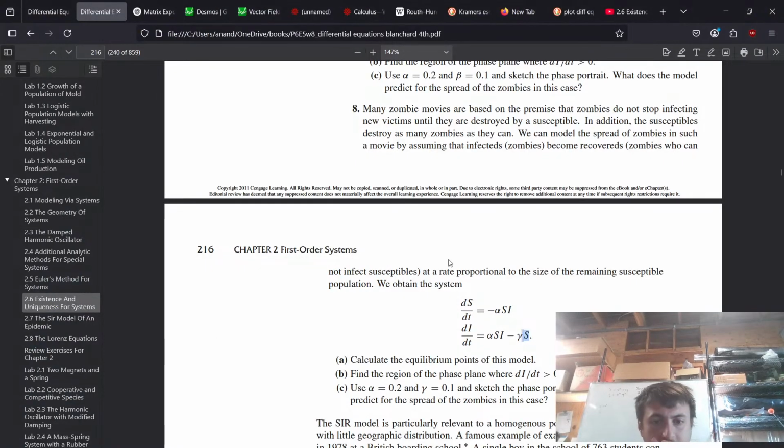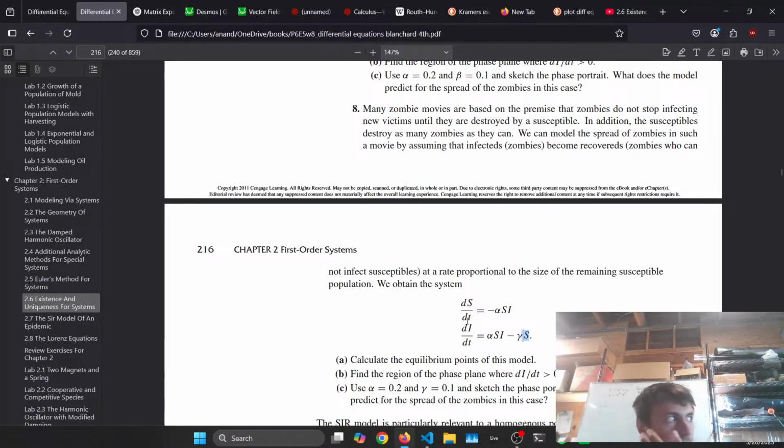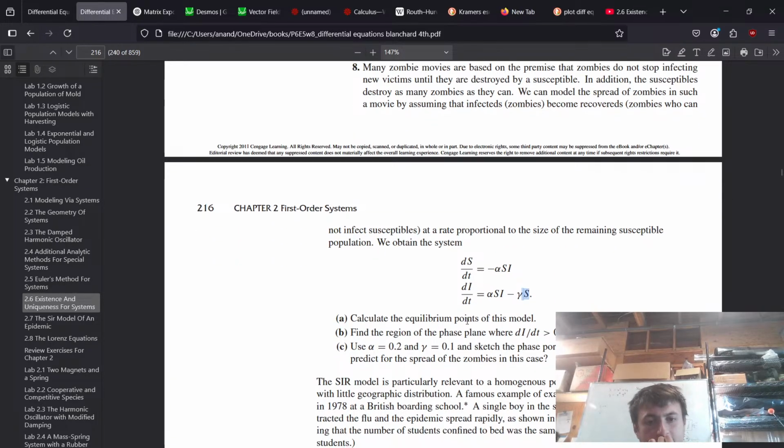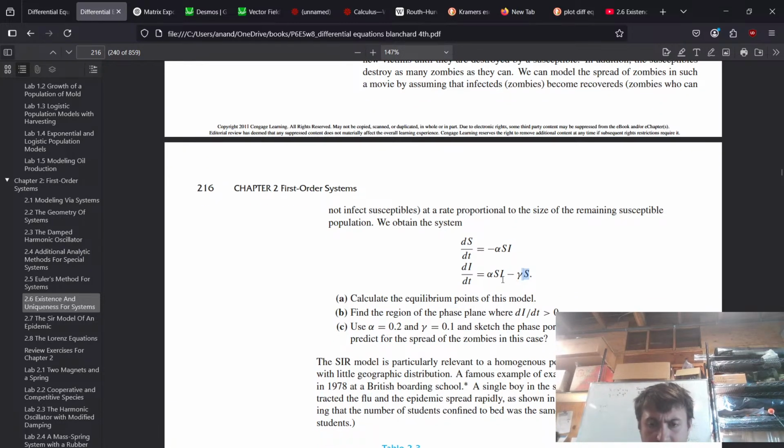All right, so okay, so 0, 0 is clearly an equilibrium point. But then also, let's just assume that all of these are 1.